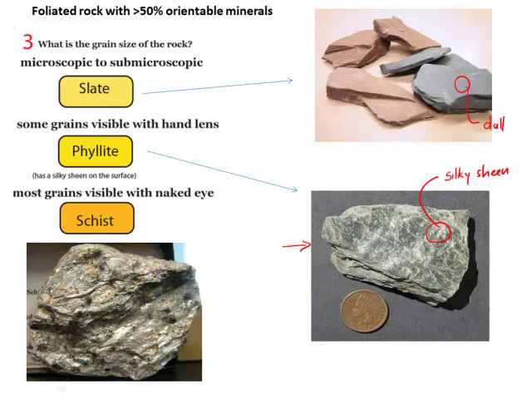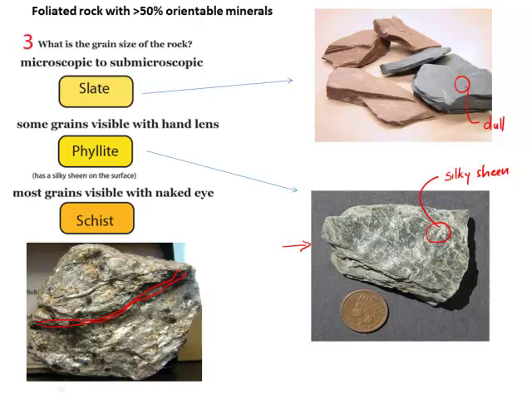Now, if the grain size is coarse enough that you can identify the grains with a naked eye, and if the rock is foliated, so I realize that in this image we are actually looking down a foliation plane, so you have to look along the side to actually see the foliation planes.